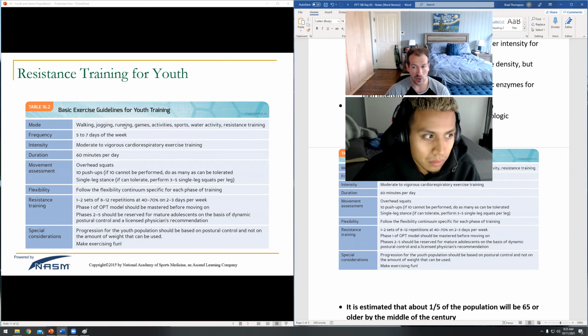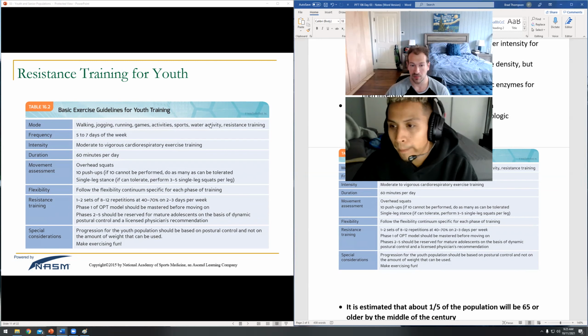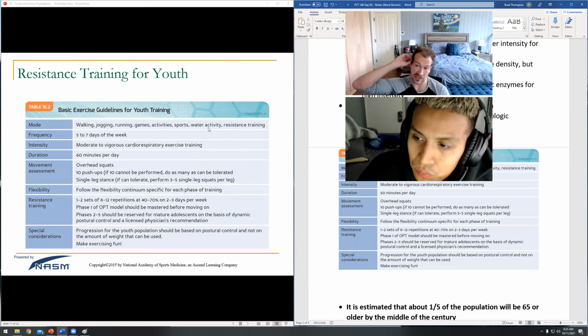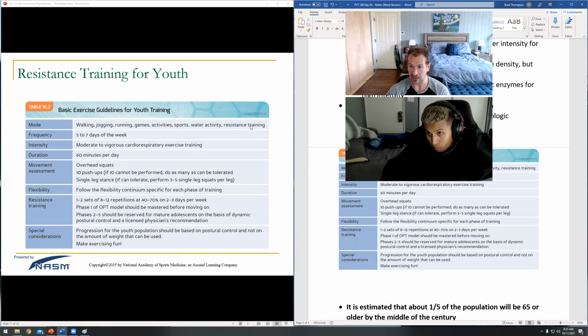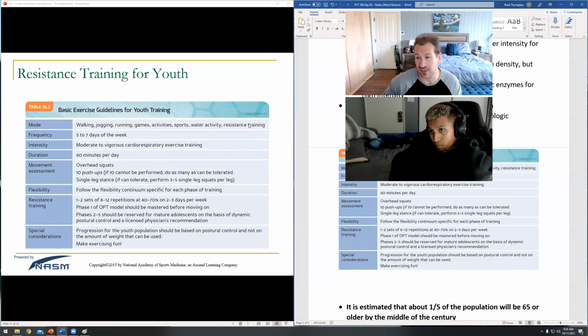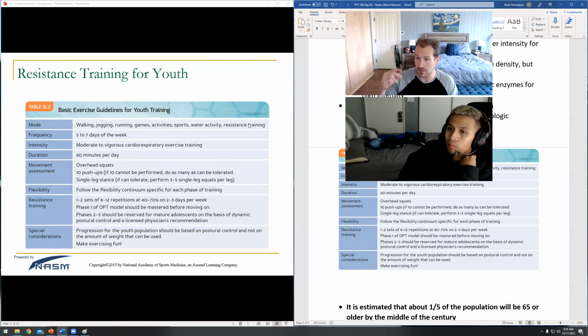But we all know kids, right? Games, activities, sports, playing in the water, all that stuff tends to be the most fun. That is a very effective type. And then resistance training, and if you're doing resistance training, chances are you want to do it as a circuit training, something that's going to keep kids moving, keep them physically active, right? Keep their brains moving, because kids get bored so easy.